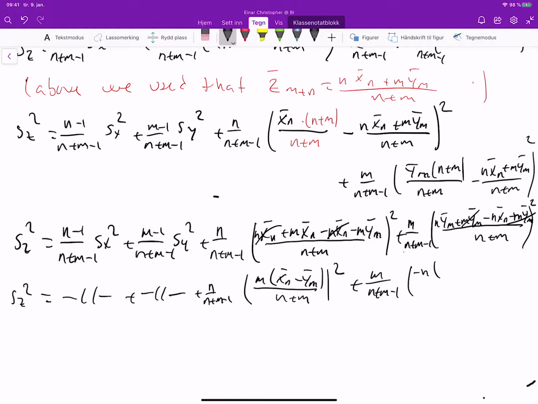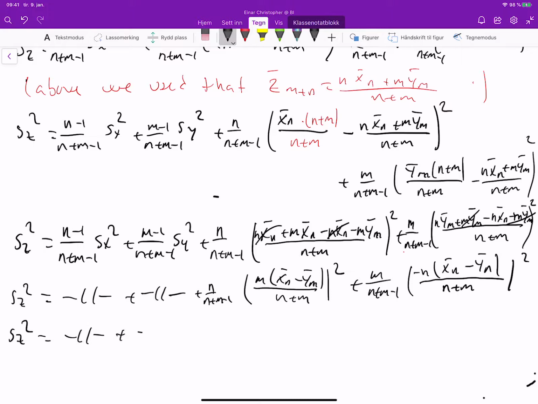And then I actually get xn bar in a positive way and the ym bar in a negative, because if I now multiply inside again, I will get what I have factorized. So this is the same as what stands above. That's a little trick. You may see it like that.